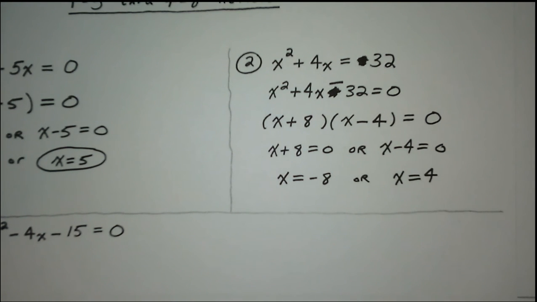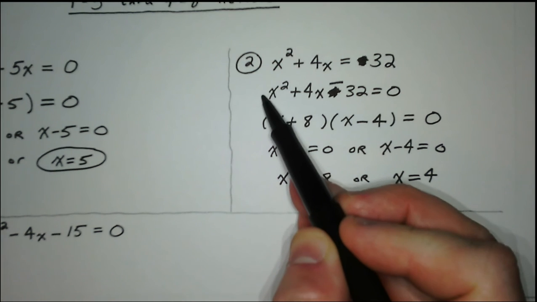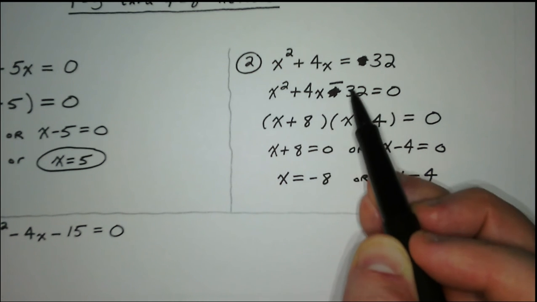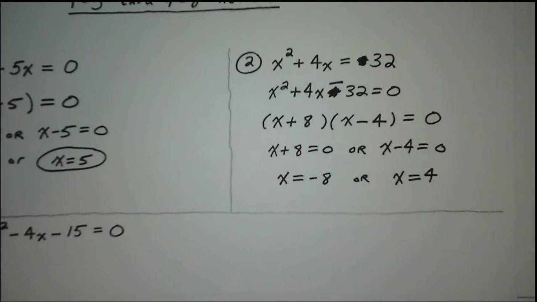And that one's done. Or you could have done the quadratic formula with a equals 1, b equals positive 4, and c equals negative 32.